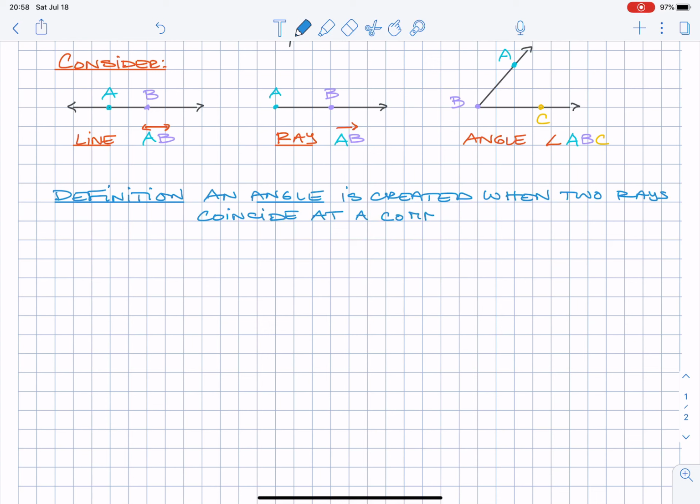In the above picture, that common point was B, and that point is termed the vertex. So the vertex of an angle is where the two rays meet.